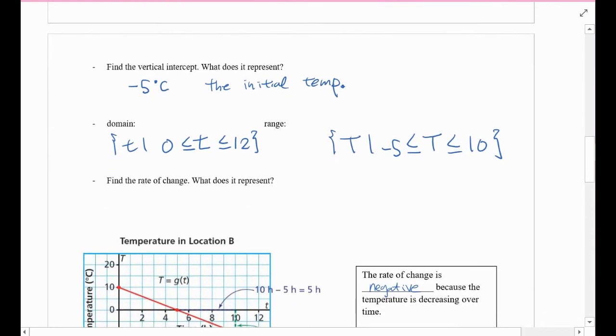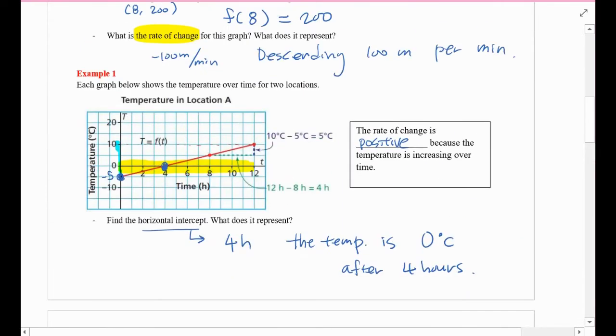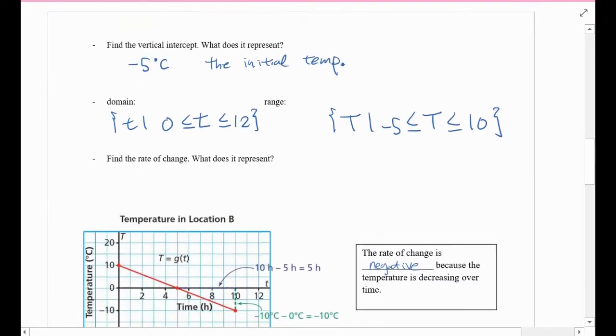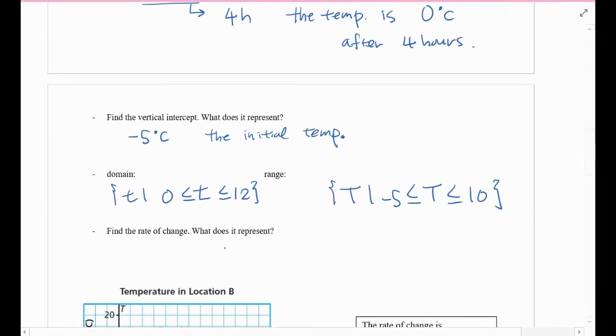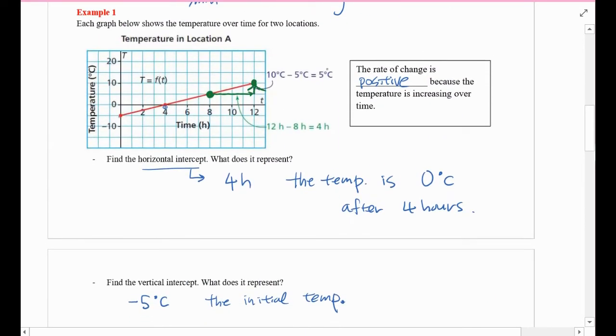Okay, now we're going to find the rate of change. What does it represent? To do that, we find 2 points, and it's already given 2 points. When you move from this point to this point, time is increasing by 4, and the temperature is increasing by 5. So the rate of change is change in T over change in t.